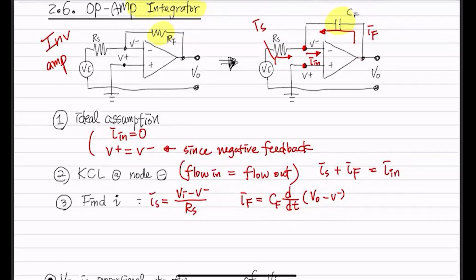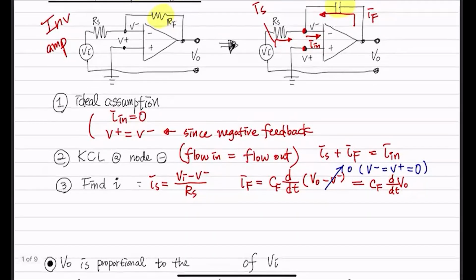And this V negative is actually going to be 0 because V negative is the same as V positive based on our ideal assumption. These 2 are the same. And this guy is connected to ground, right? So that's ground. So this guy is 0. So it's going to be CF d/dt of V out.